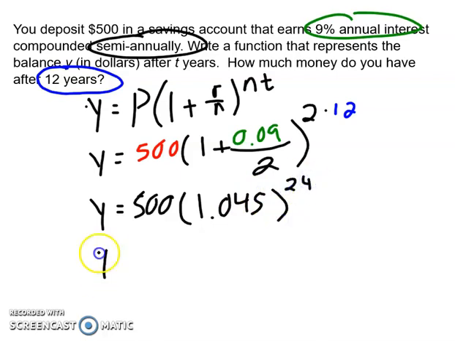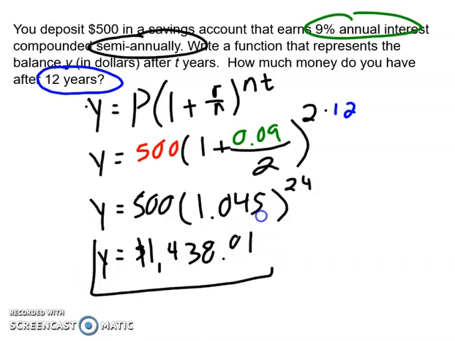Now plug it into a calculator, and we have 500 parenthesis 1.045 close parenthesis caret 24, and we get $1,438.01. Beautiful.